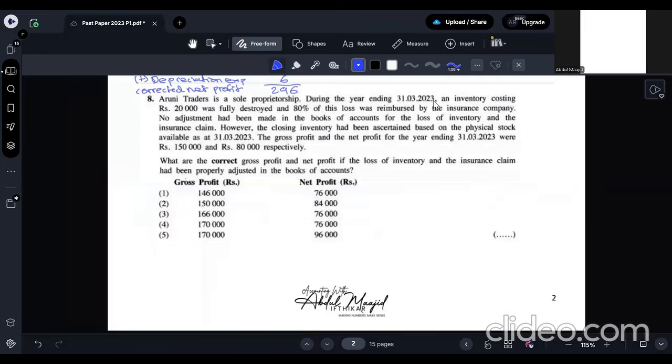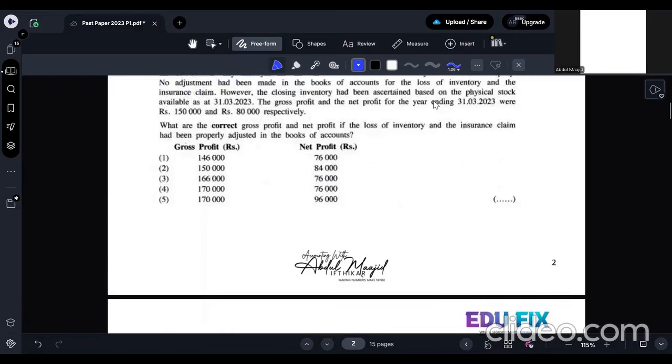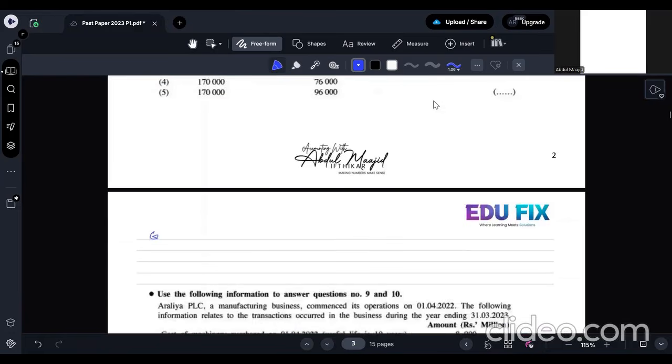Okay. However, the closing inventory has been ascertained based on physical stock available. All right. And they have given the gross profit and net profit before considering this. So they have given us the wrong gross profit and net profit.